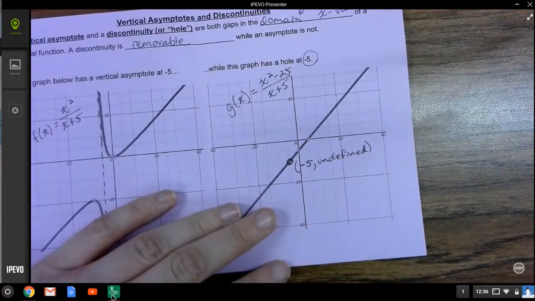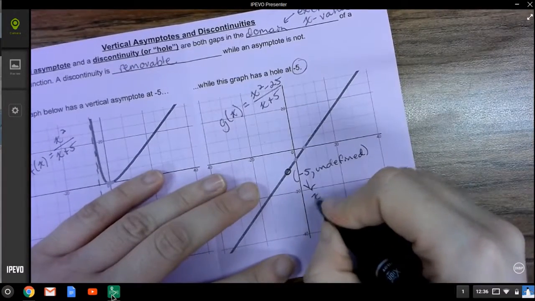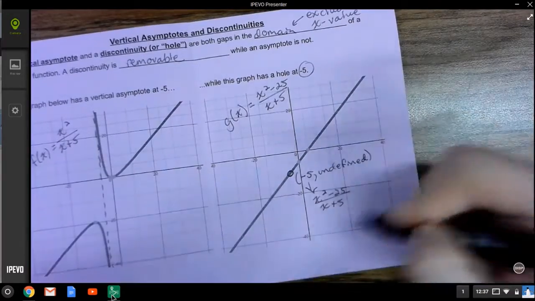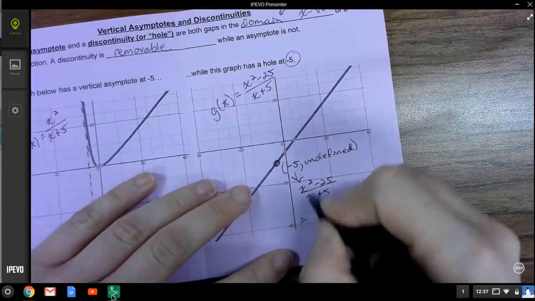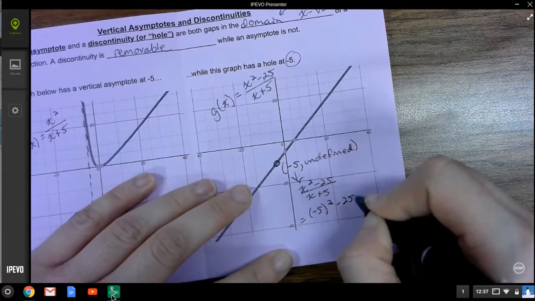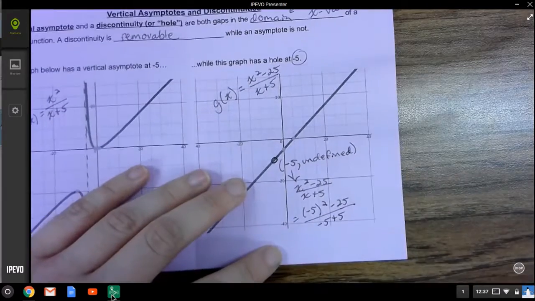So why doesn't it exist? We're going to plug this into the equation. I'm going to plug -5 in for x. So I'm going to get -5 squared minus 25 over -5 plus 5.